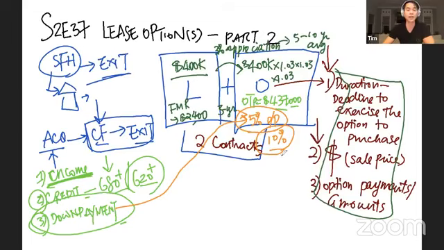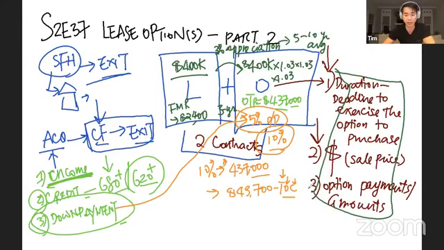So let's just use that as a baseline. 10% in this case against the purchase price of $437,000 works out to be $43,700. This amount is what we would now call the total option consideration money, the total option consideration, okay?